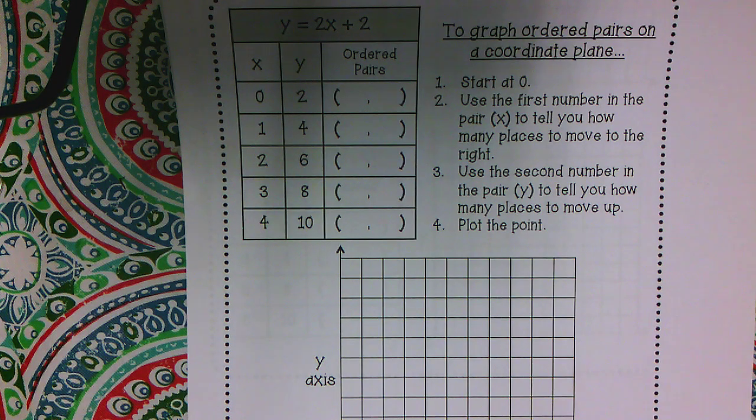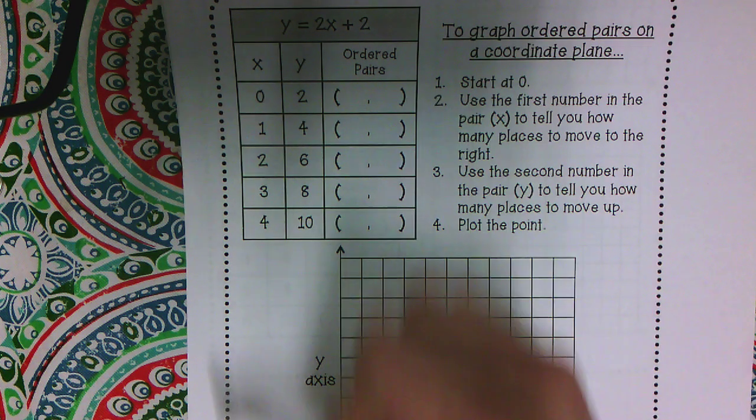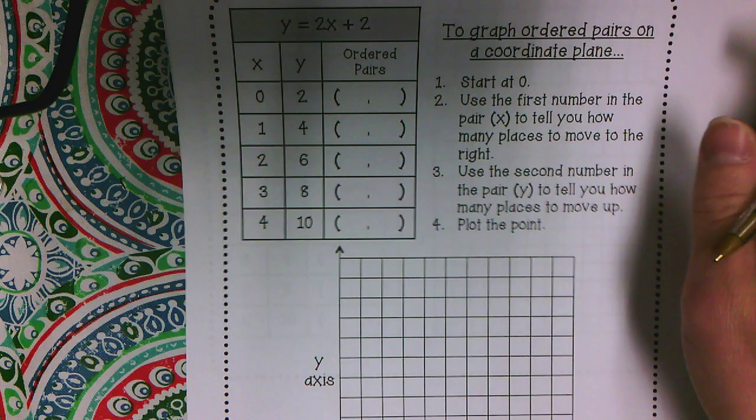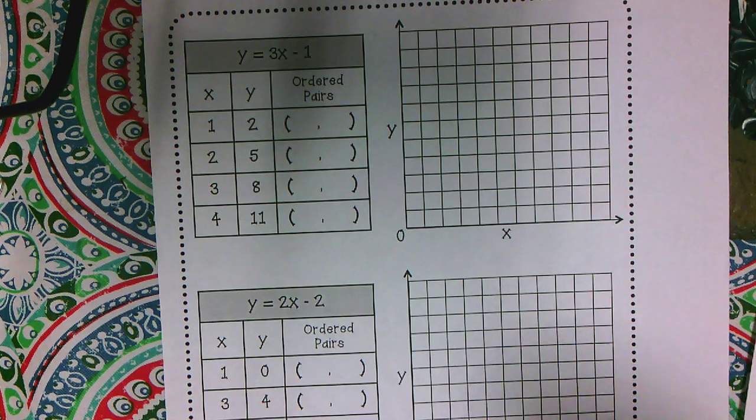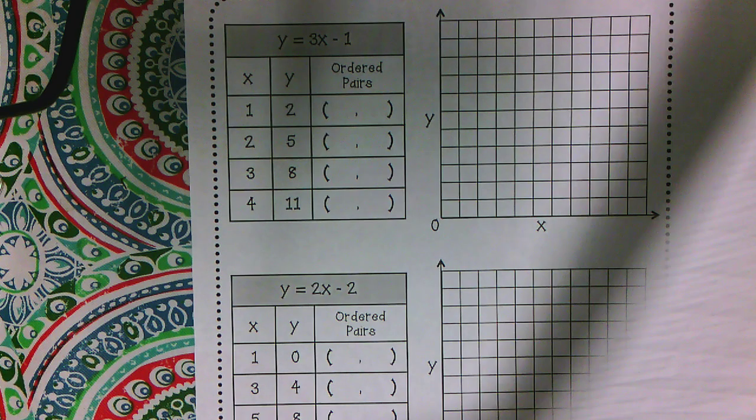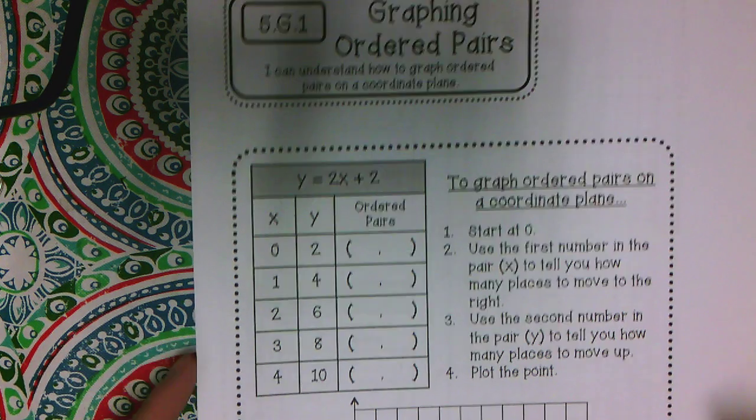What you need to do here, you can pause the video to do this quickly and then go back and continue to watch the video. But along the dotted lines, you're going to need to cut out this page and the one beside it, and you're going to need to cut this out and glue it inside your math notebook so that you have this later for reference.